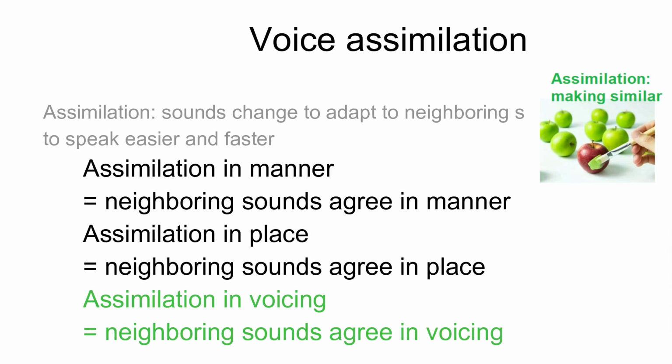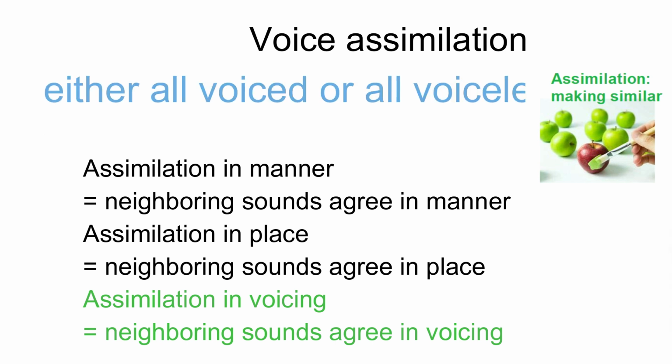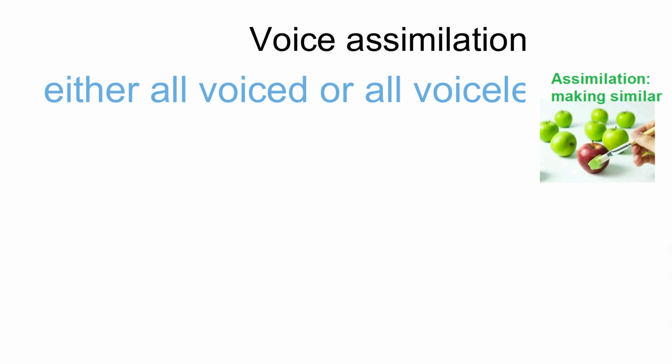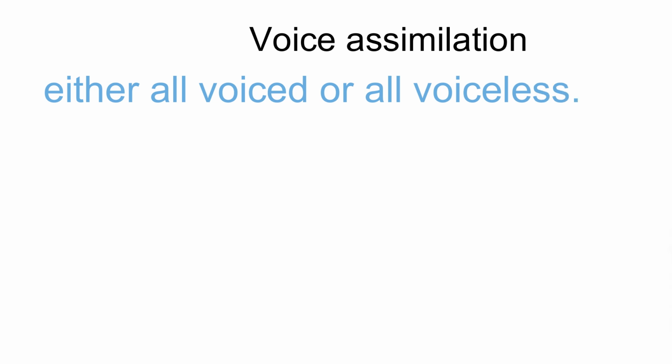So, in a cluster of consonants differing in voicing, the consonants have to be either all voiced or all voiceless. This means that the same sound can be voiced or voiceless depending on the influence of its phonological environment. It also means that a voiceless consonant phoneme can become voiced, and a voiced consonant phoneme can become voiceless in the actual speech environment.